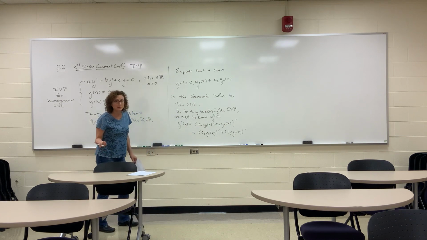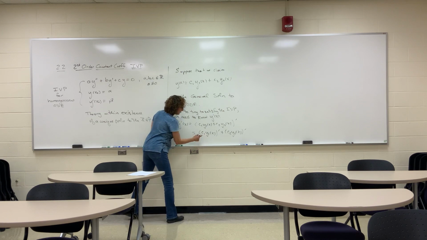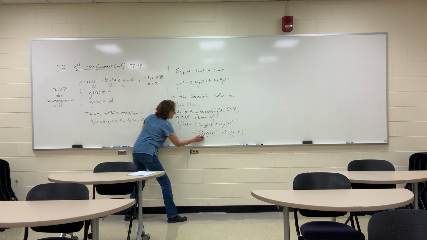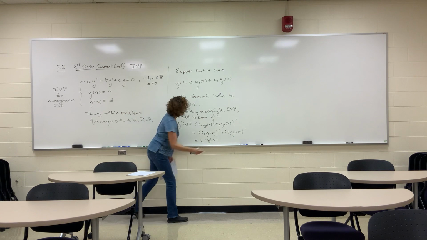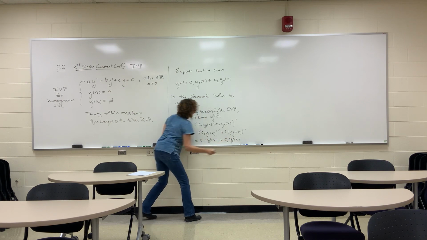What rule is that? Good, the constant multiple rule, right? When a function is multiplied by a constant, yeah? The constant multiple rule says the derivative of a constant times a function is the constant times the derivative of the function, right? So we're going to use that constant multiple rule twice. Derivative of c2 y2 of x is c2 times y2 prime at x, right?